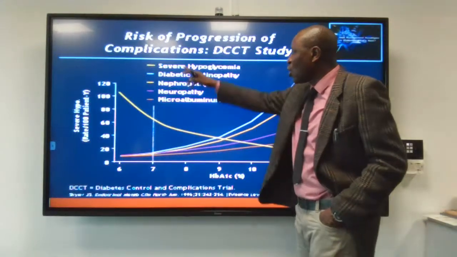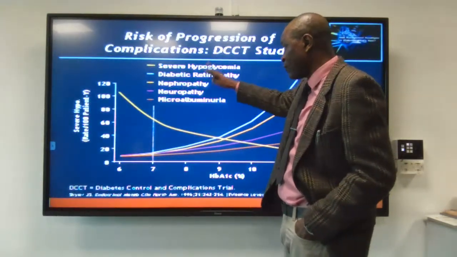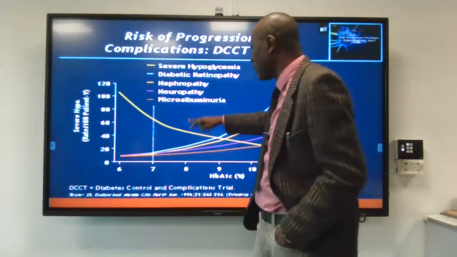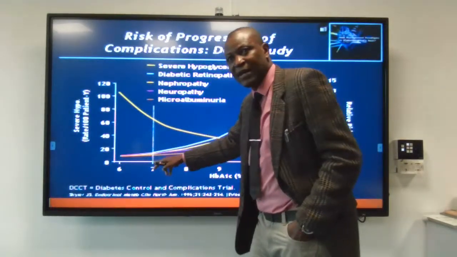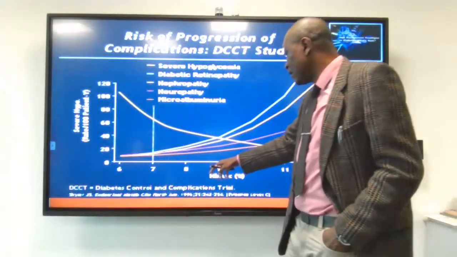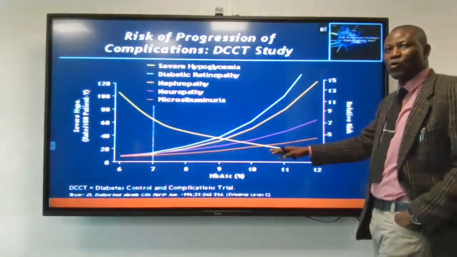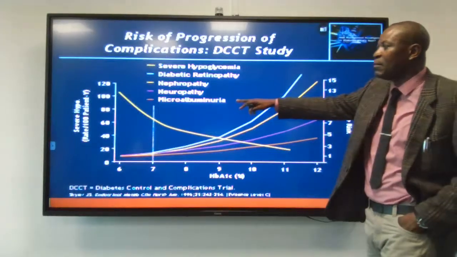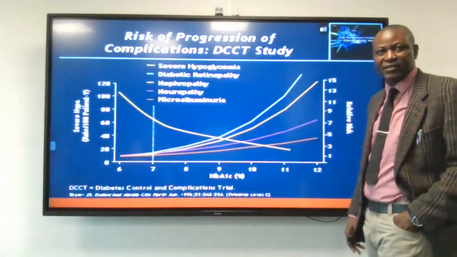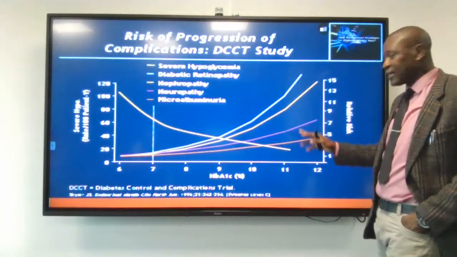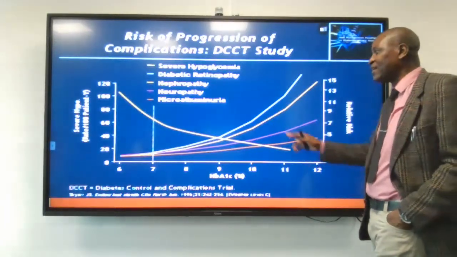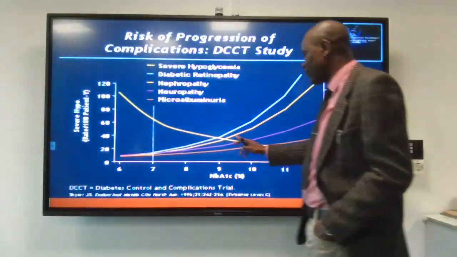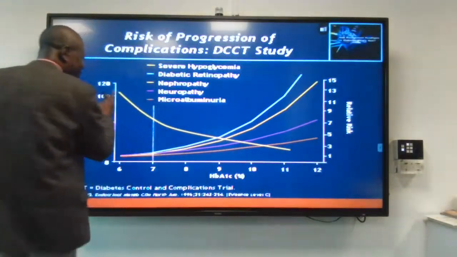When it's low, all these apart from hypoglycemia, retinopathy, neuropathy, nephropathy, microalbuminuria, are very low as well. As the HbA1c and blood glucose level continue to rise, we can see an increase in the number of all these complications. The only trend that goes the opposite direction is hypoglycemia. That's the only one going in the other direction.